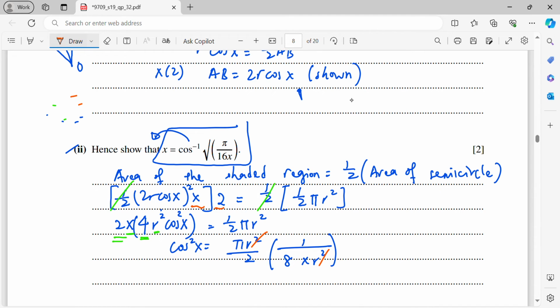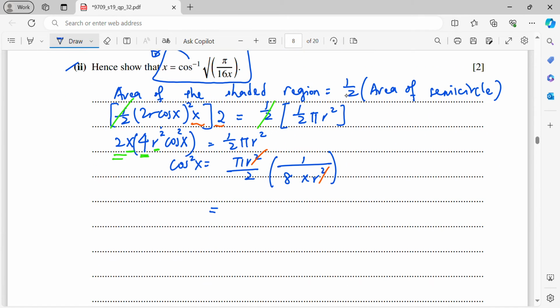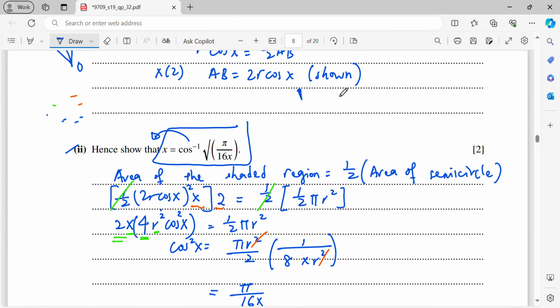Now from here, I will be simplifying it into pi over 2 times x is 16, and then there is an x in the denominator. So now I will move the square to the other side first. So my cos x will be the square root of pi over 16x. Let's look at the question.